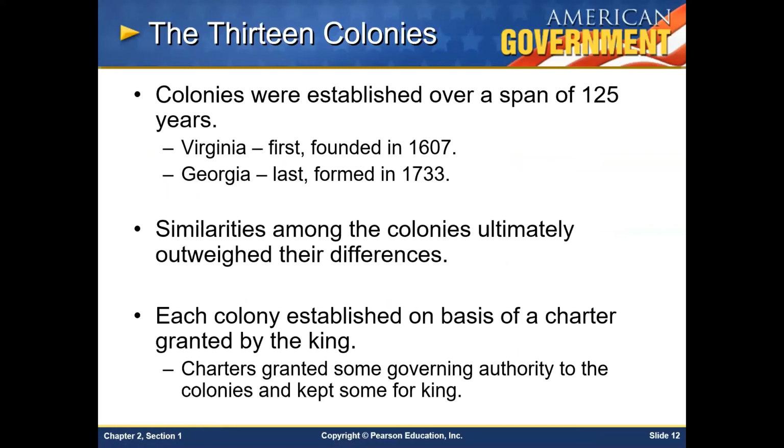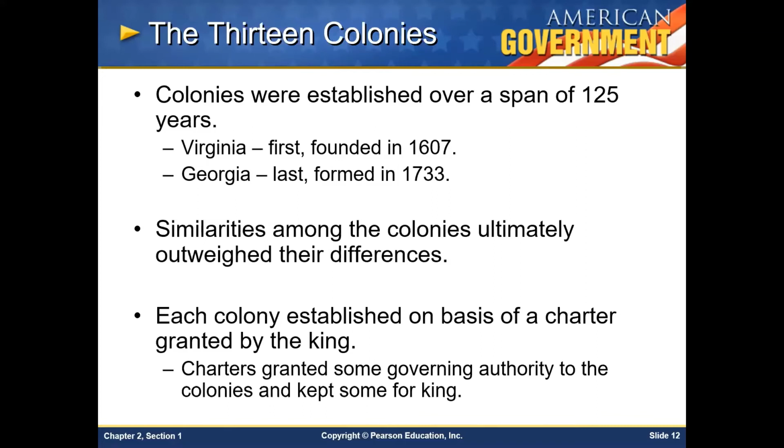So it's not like when the Pilgrims came to America that all 13 colonies were immediately established. They were established over a period of 125 years, with the first one being founded in Virginia in 1607. If you know the Disney movie Pocahontas, that depicts the general events.